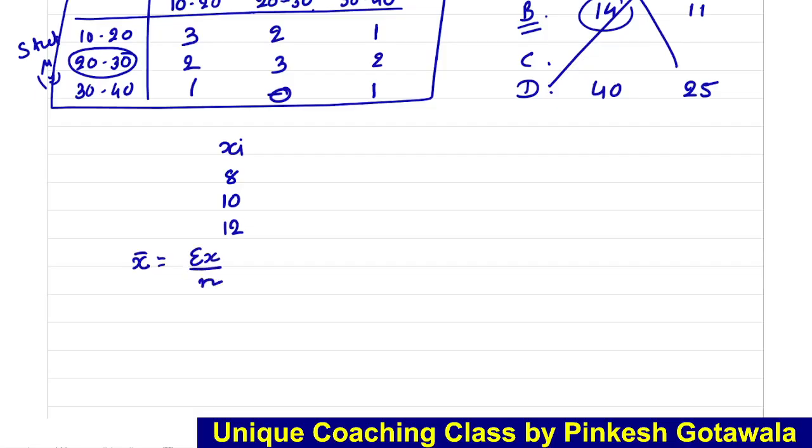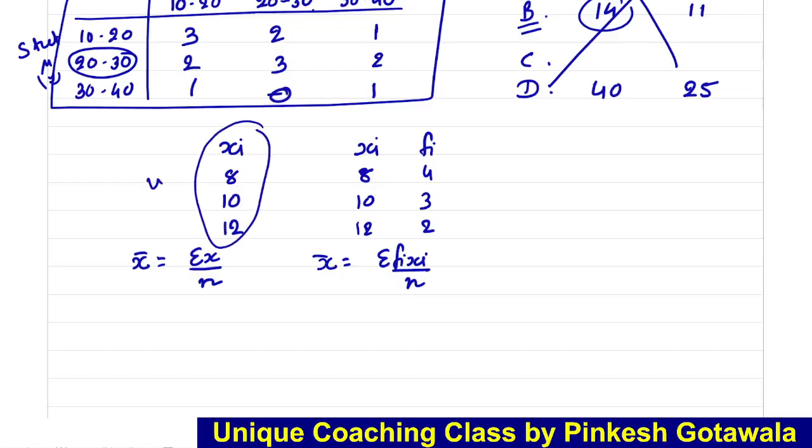Suppose xi and fi are given, 8, 10, 12, and 4, 3, 2. Now to find x bar, which formula should we apply? Our formula would be sigma fi xi divided by n. So what change occurs? When only xi, ungrouped data, is given, and when xi and fi, group data, is given. When group data comes, fi is added. So what is the change in the formula?